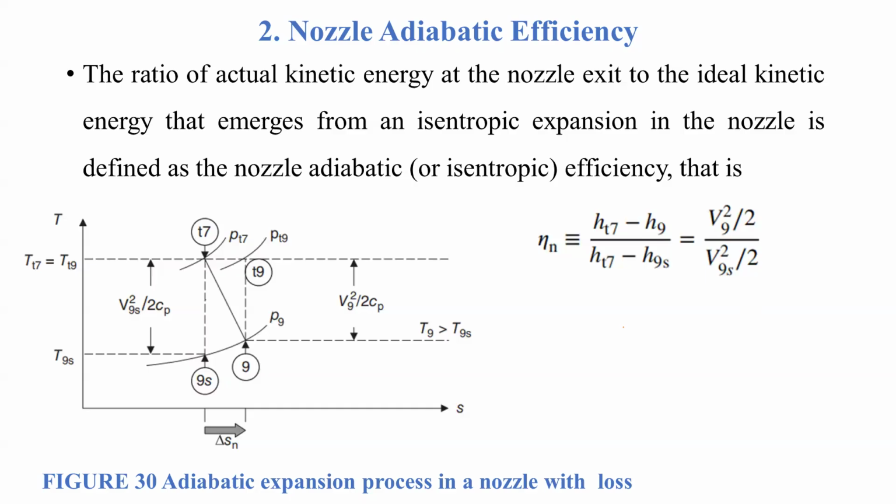So we can write it like this, which is equal to V9 squared over V9s squared. So that is the adiabatic efficiency.